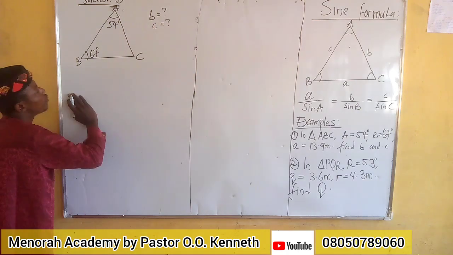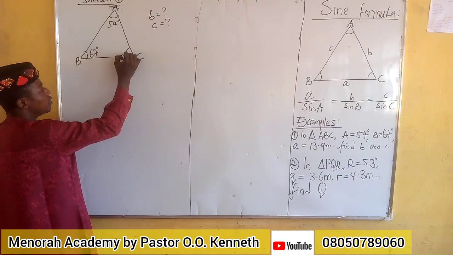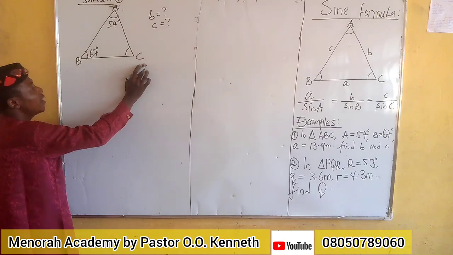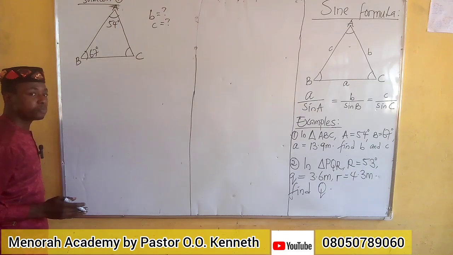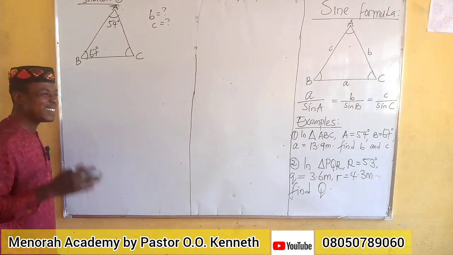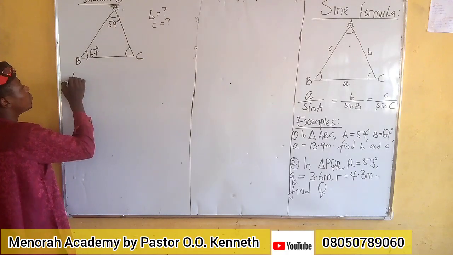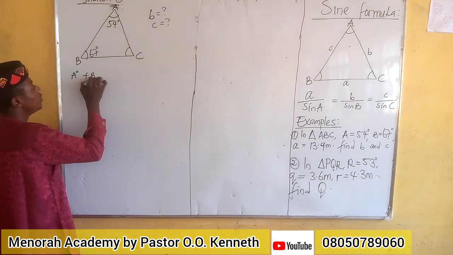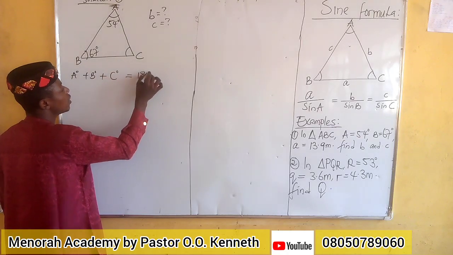First of all, before we continue, we can find angle C, which is not given. How do we find that? According to the law, the sum of angles in a triangle is 180 degrees. What it means is that we have A plus B plus C is equal to 180 degrees.